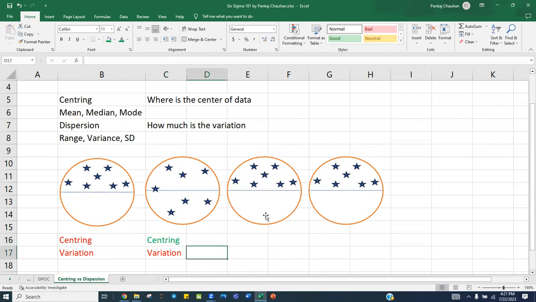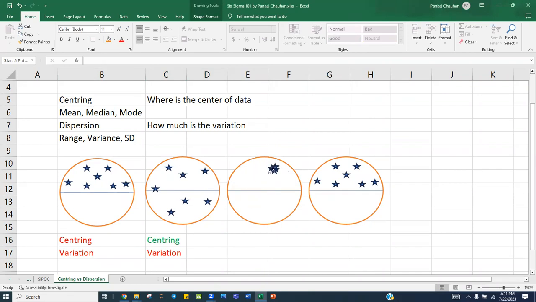Now let's look at the third scenario. Your data points are maybe like this. What is the problem in this case? You see, data points are very close to each other. They are not away from each other.